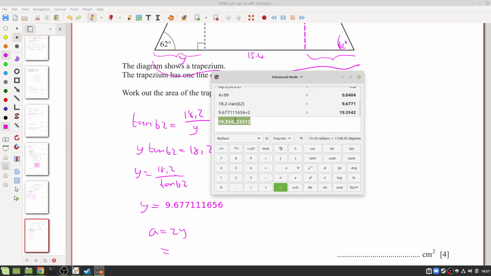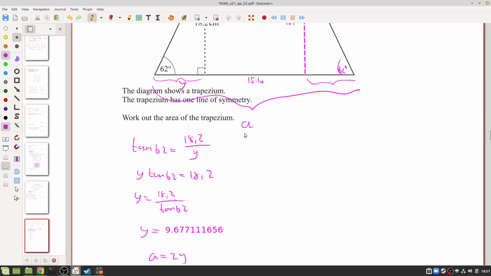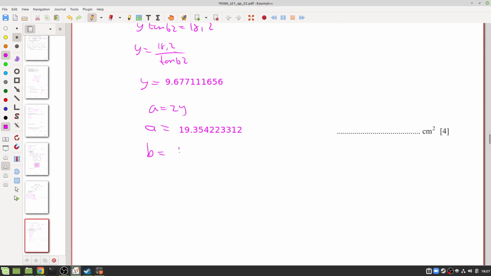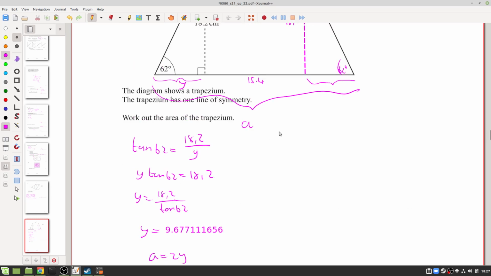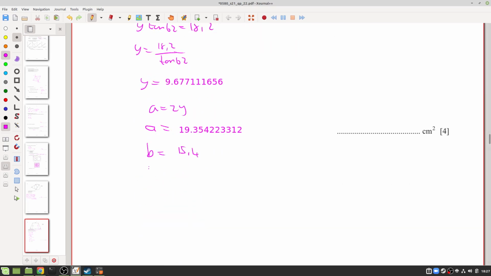So that is our base A. Okay, so that's A. B, we're given at the top, that's 15.4. Then the height h we know is 18.2. So the height is 18.2.